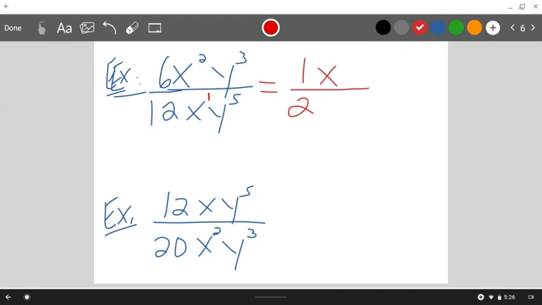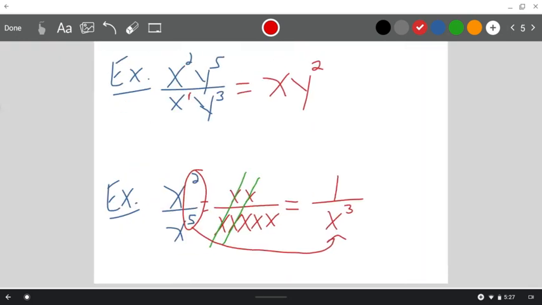With the y's, 5 minus 3 is 2. The bigger exponent is on the bottom, so the y squared goes on the bottom. The 1 in front of the x you don't have to write as long as there's the variable there. When we were over here, the second example, we had to write that 1 on the top because we divided everything out. We can't just leave it blank.